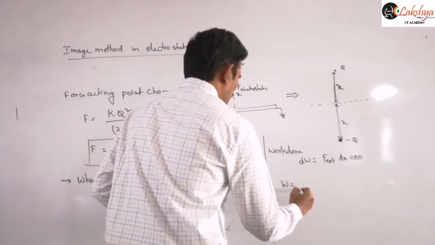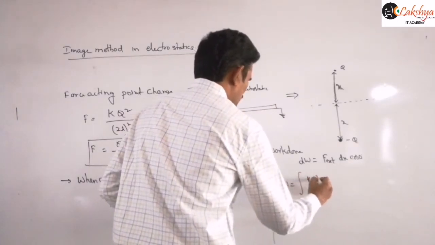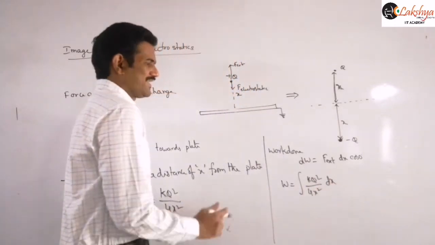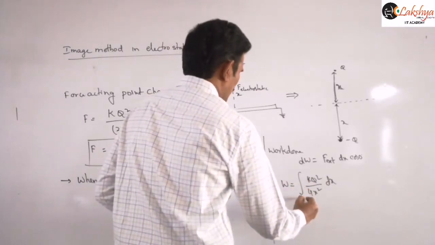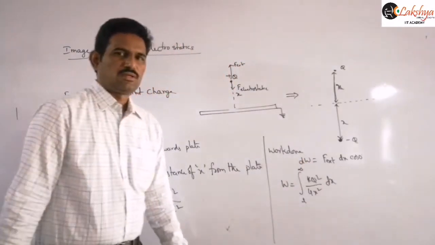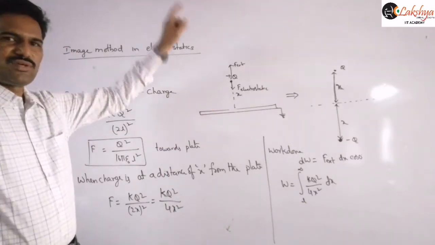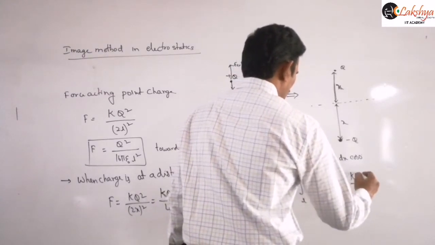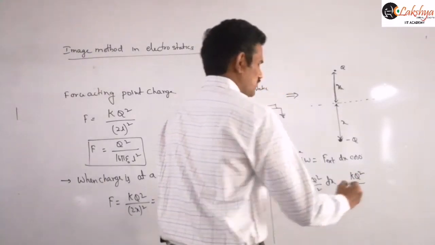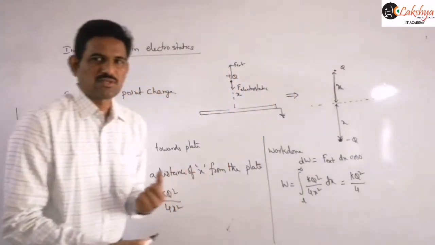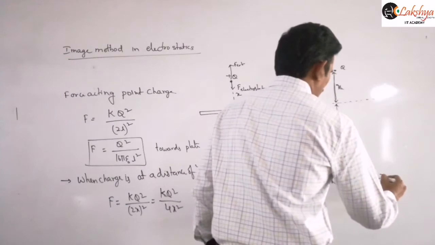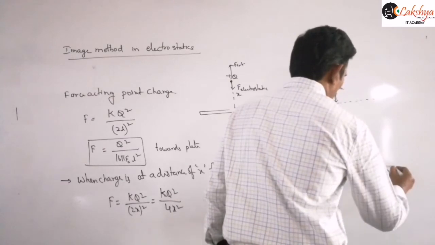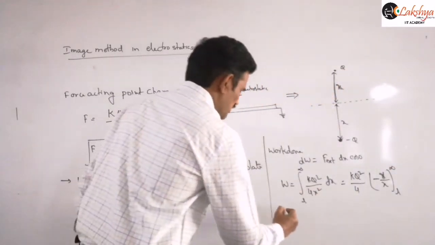And therefore the total work done I can write as the integral of kq square by 4x square into dx, and x varies from L to infinity, because initially the separation is L, now we are displacing from L to infinity. You can simplify this. It is kq square by 4 into the integral of 1 by x square, that is minus 1 by x, and limits are from L to infinity. You can substitute those limits and simplify this.